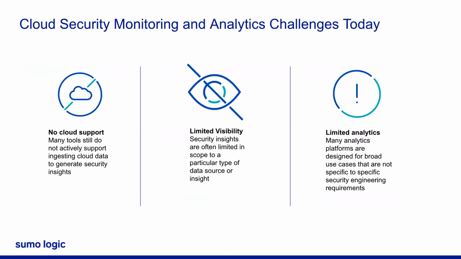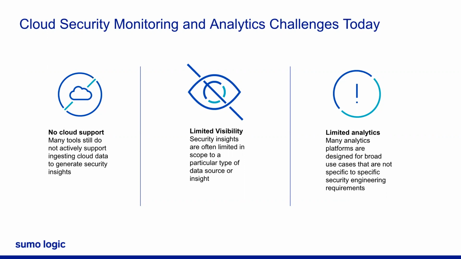A lot of our competitors today, we're finding that even today in 2022, there's no cloud support, which is really kind of interesting. Why would you have a platform that doesn't include your entire makeup? Because your security is not limited to just what you control yourselves. You need to know who's getting what and where it's going. Limited visibility is what we're seeing as well from some of the other players in the industry.